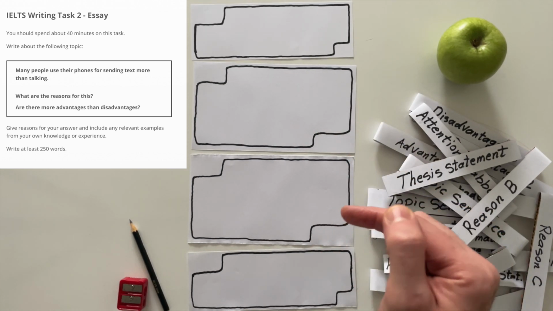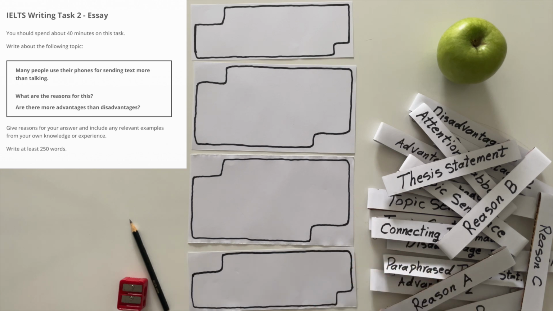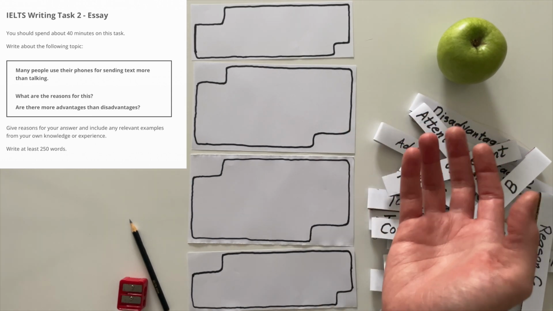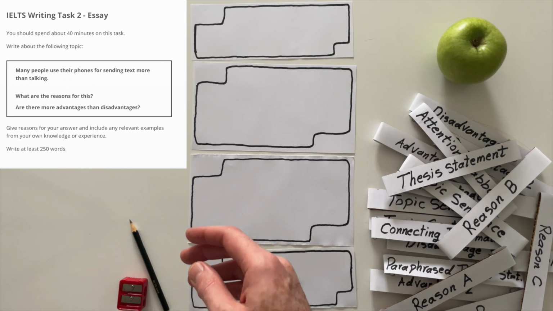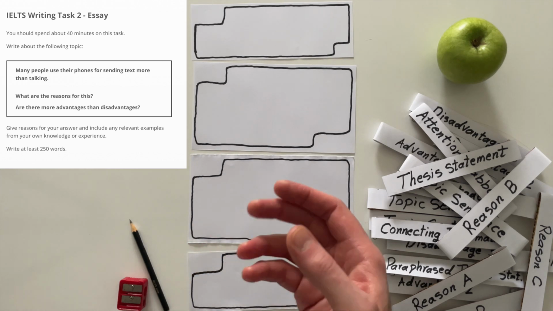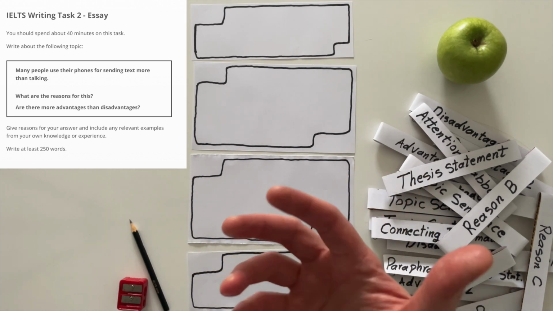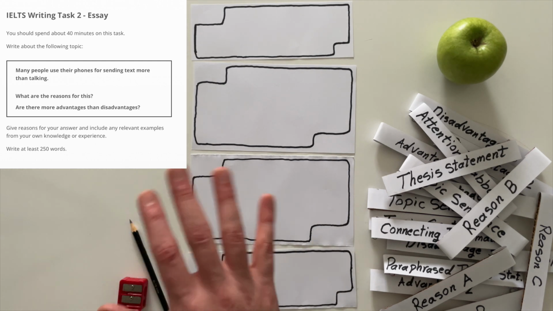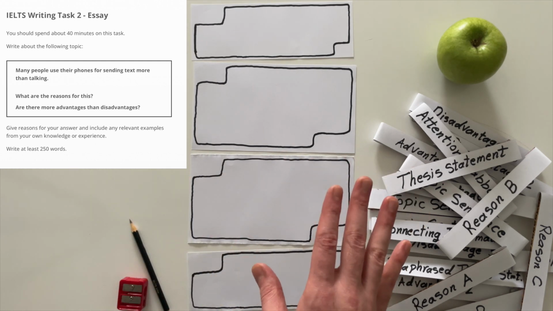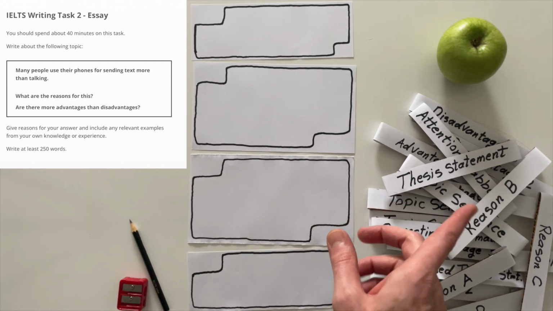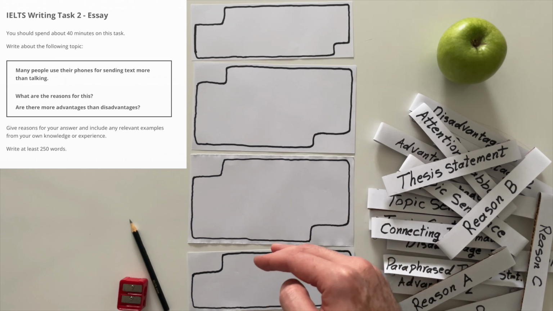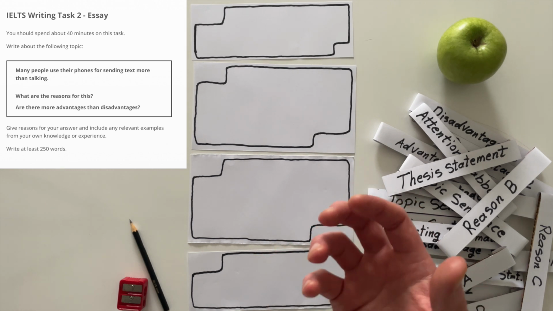And then in the second paragraph, IELTS asks us to say whether there are more advantages or more disadvantages. This is a yes-no question. We need to say, yes, there are more advantages, or no, there aren't more advantages. The disadvantage part is more than the advantage part. So this is the way you can approach it.